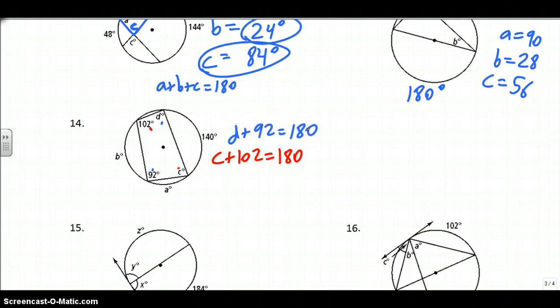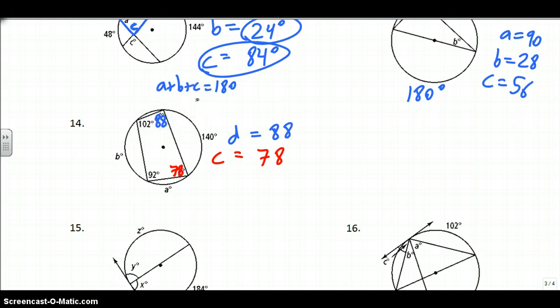So D equals 88 when we subtract 92, and when we subtract 102, C equals 78. There's C and D. We can go ahead and get those in there now: C is 78, and D is 88.